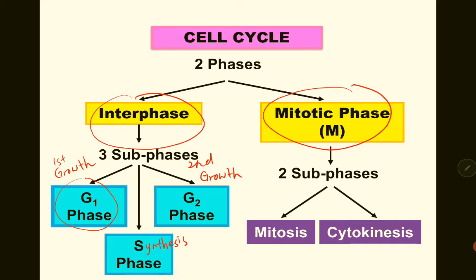The mitotic phase has two subphases, which are the mitosis process, which has four substages: prophase, metaphase, anaphase, telophase, followed by cytokinesis.